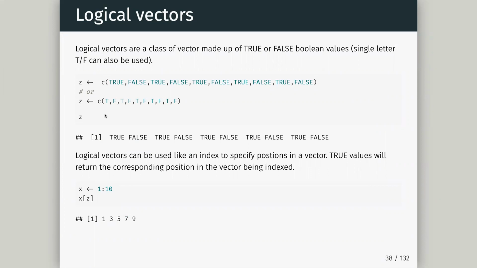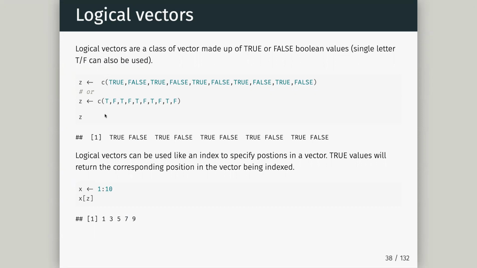So we can use logical vectors first off here as a way of indexing to specify the positions in a vector we want. So true values will be returned, and false values would not. So here we're going to have a vector. Now I'm going to create 1 to 10. And I'm going to use this Z vector of trues or falses to try and index this.